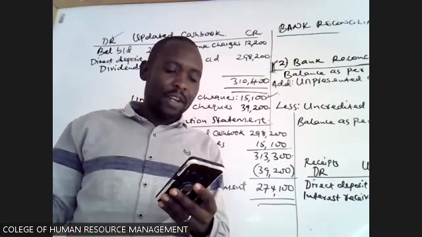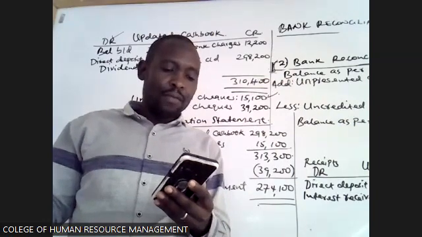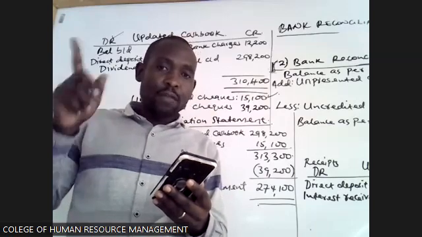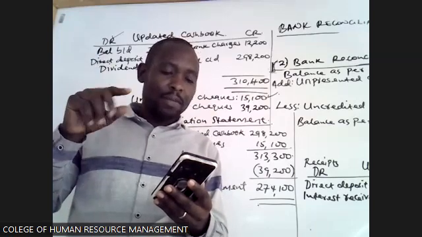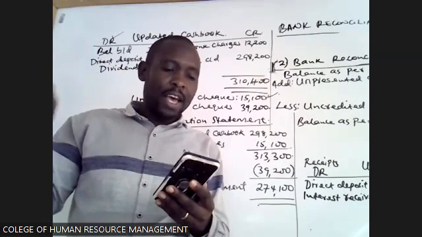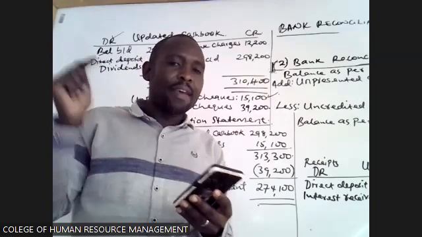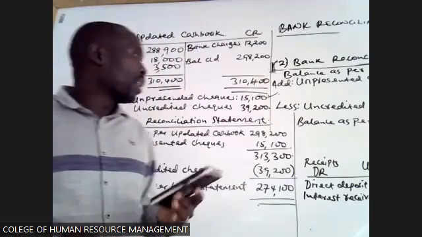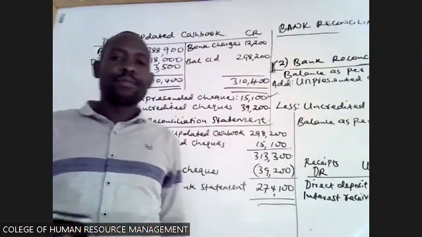We had 27,300 from T. Njoro. Also, we had from C. Anyango, 45,000. We are only focusing on the credit column of the bank statement. So C. Anyango, it is there. T. Njoro, it is there. But that check from A. Jebet, it is not on the credit of the bank statement, so it is uncredited.